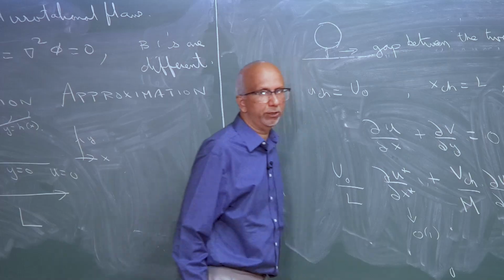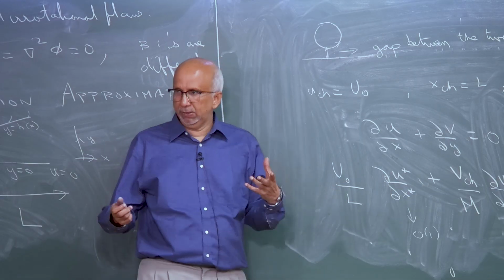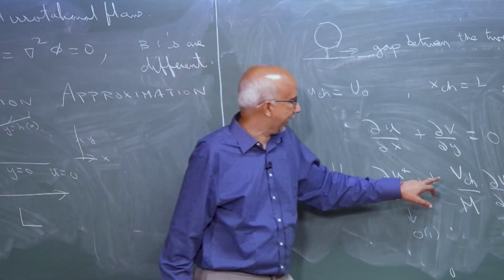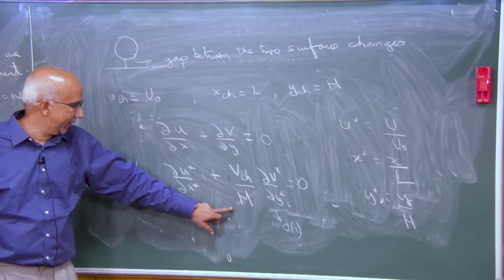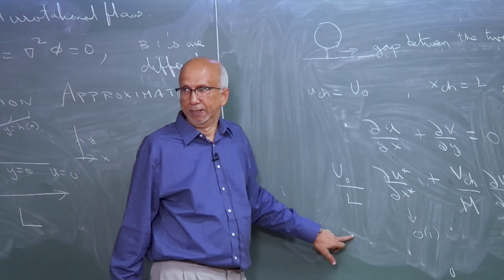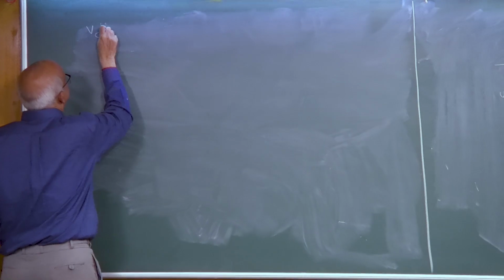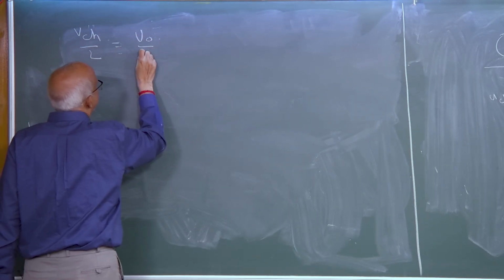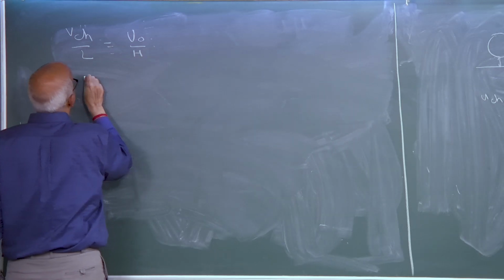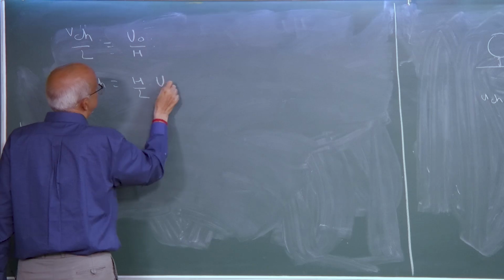If both of them are going to contribute, they will be able to balance each other only if the characteristic velocity in the y direction, v characteristic by h, is equal to u naught by L. So v characteristic is h by L times u naught.